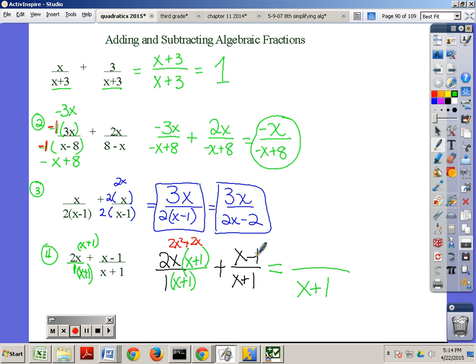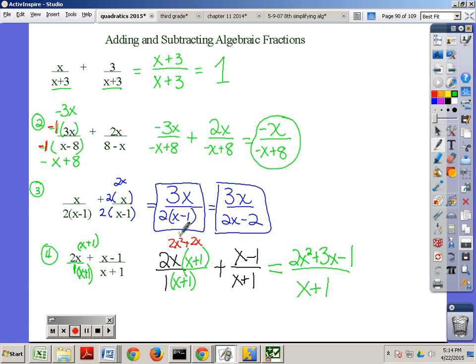So 2x squared plus 2x plus x is going to become 2x squared plus 3x, because I had a 2x here plus x there, making 3x. And then minus 1. So the minus 1 didn't combine with anything, and the 2x squared didn't combine with anything.